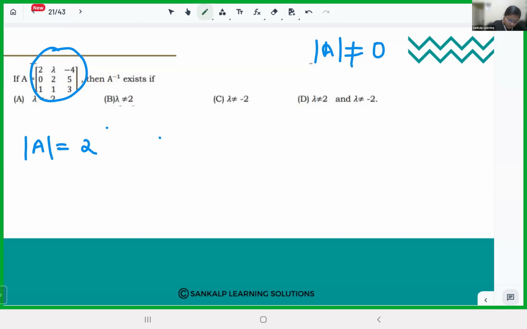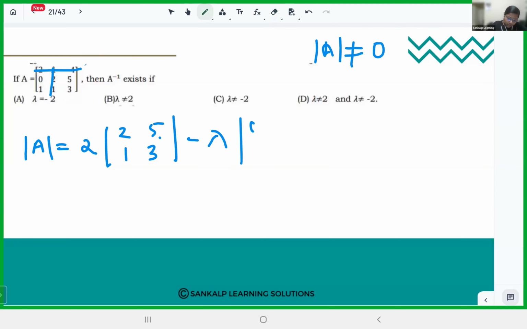You have to remove the first row and first column, right? Okay, so the remaining is 2, 5, 1, 3. Similarly, then you have to put a minus lambda. Then you have to delete the second row, first column, right? Remaining is 0, 5, 1, 3.